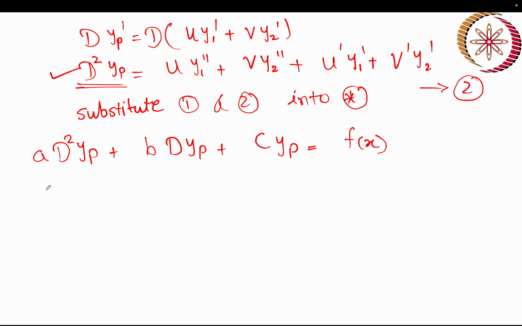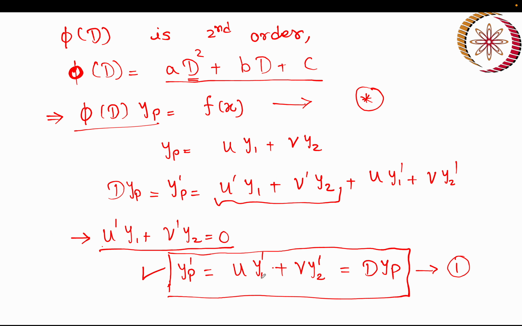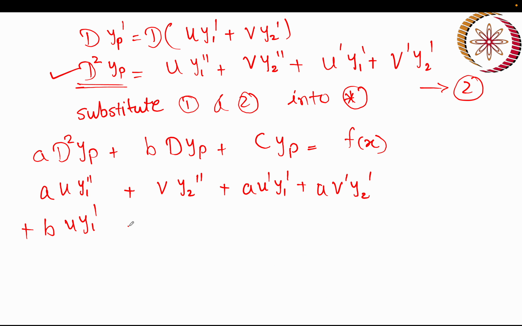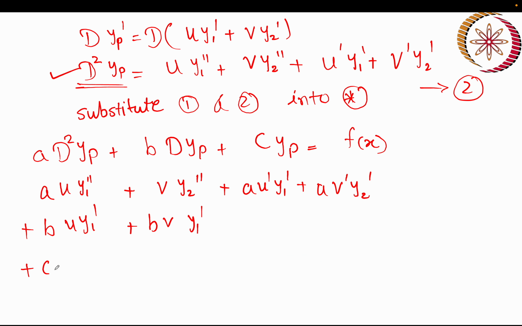Substituting, we get u y1 double prime plus v y2 double prime plus a u prime y1 prime plus a v prime y2 prime, and the second term we write b into u y1 prime plus b into v y2 prime, and the last term c into y, so plus c into u y1 plus c into v y2.